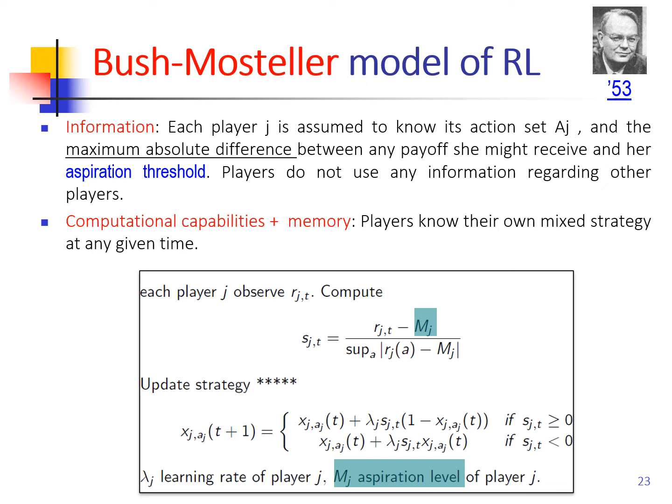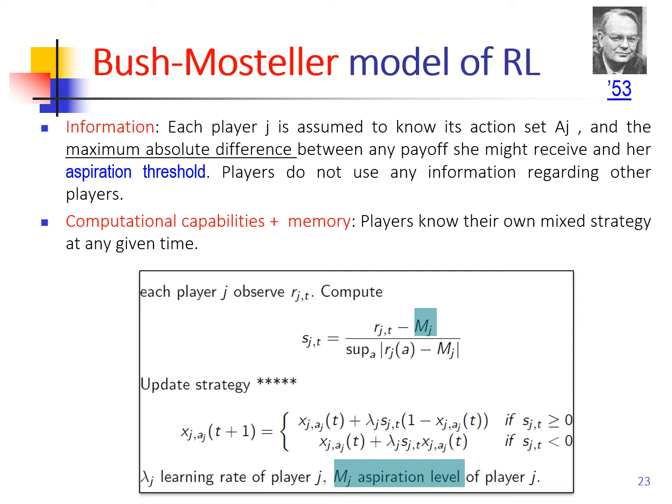Here we said that every player J is assumed to know its action set. This is fine for now. And the maximum absolute difference between the payoff she may receive and the aspiration threshold. This is essentially what the agent knows.